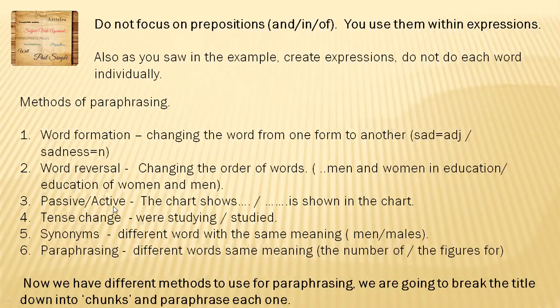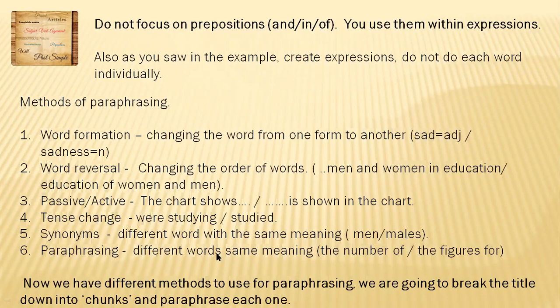Passive to active sentences. The chart shows: active. Something is shown in the chart: passive. Change your tense. Were studying, studied. Synonyms, of course. Men can become males, for example. Women, females.